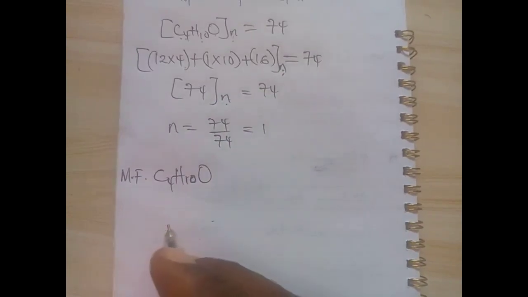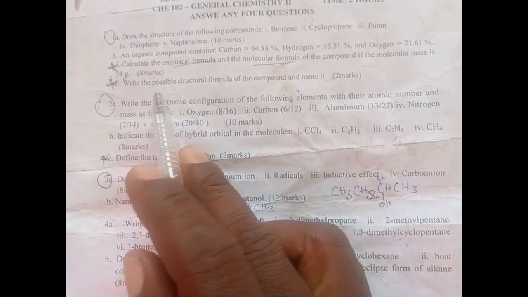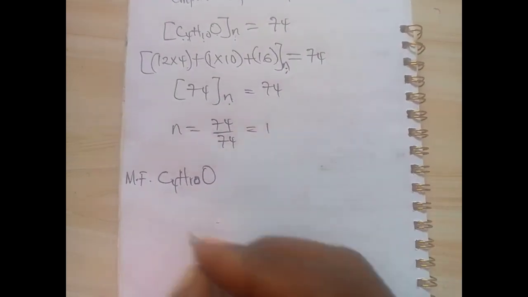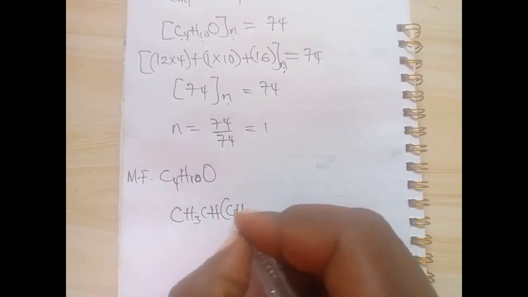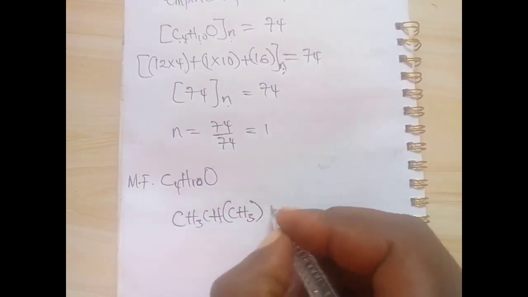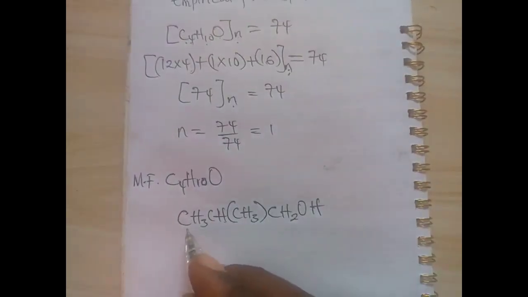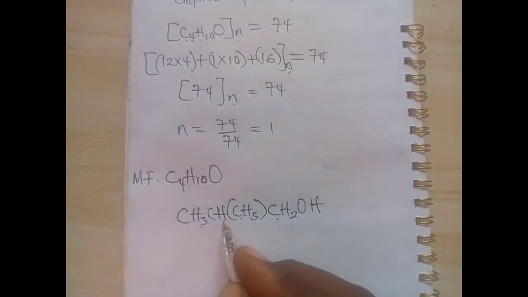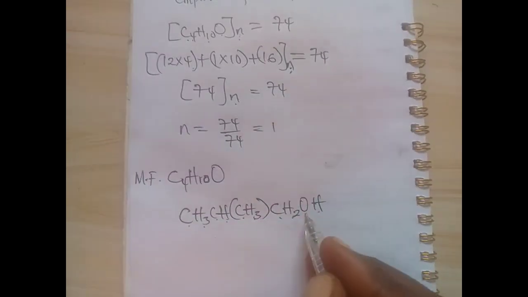Now the next question was to write a possible structural formula of the compound and name it. For us to get a possible structural formula, it will be CH3CH(CH3)CH2OH. C is 1, 2, 3, and 4. H is 3, 4, 7, 8, 9, and 10. So O is just 1.